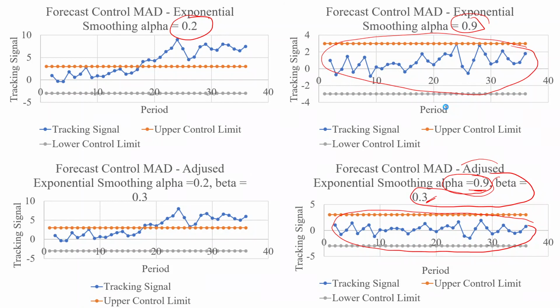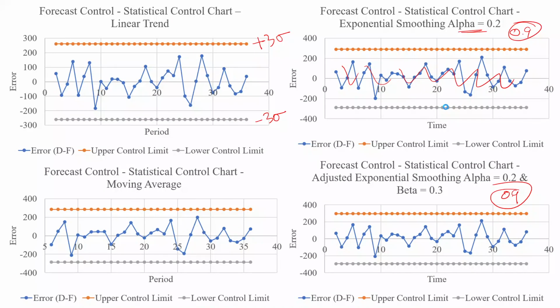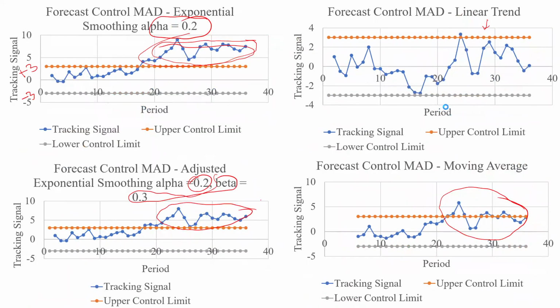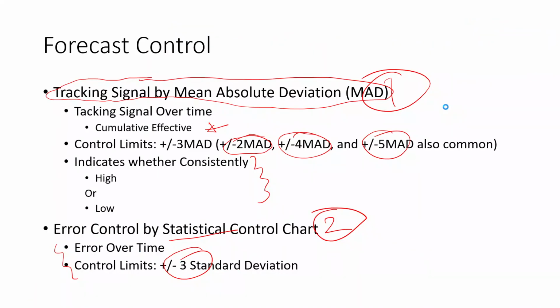As you can see here, adjusted exponential smoothing is doing a much better job than any other method of forecasting. And we know that by checking the statistical control chart and also the tracking signal by the mean absolute deviation. So by applying both techniques, we can see what would be the best way to forecast some data set.